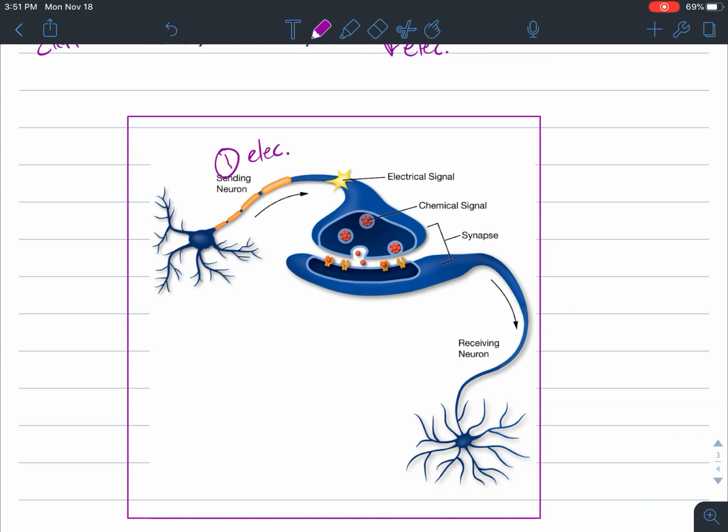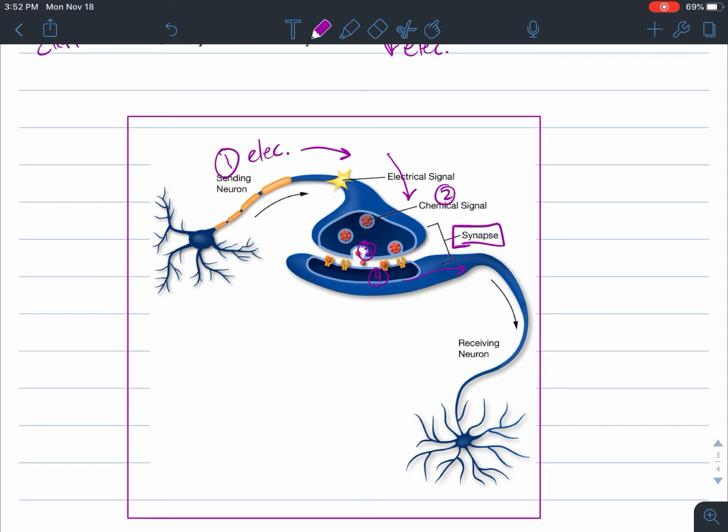We have an electrical signal which travels down into the end of our axon, which turns into a chemical signal. Those neurotransmitters go across the cleft. There's our synapse, which is the gap between, and then it is a chemical signal that gets received by the next one, and then it travels on down.